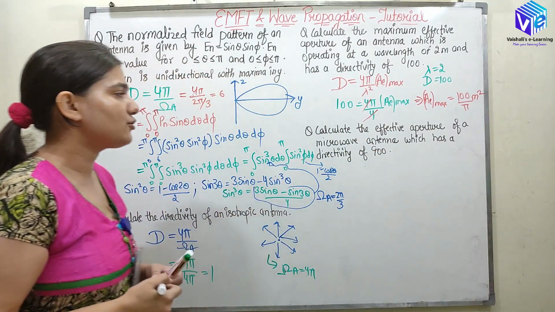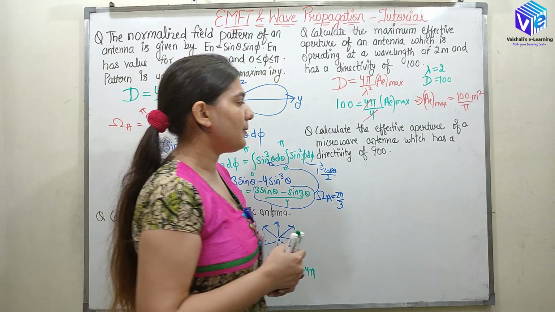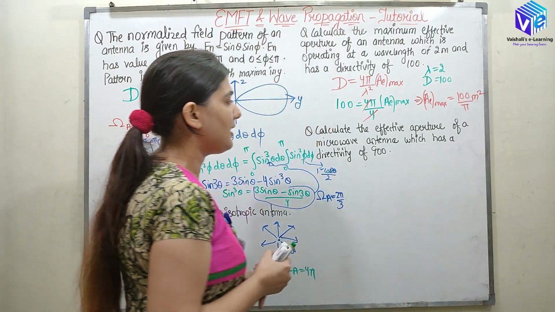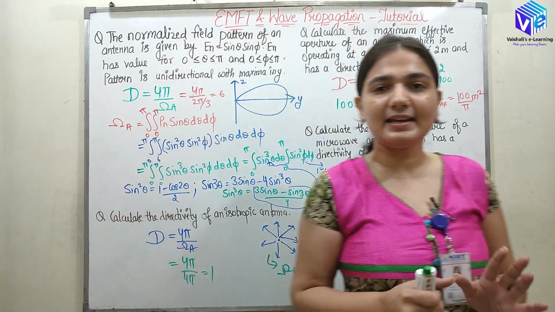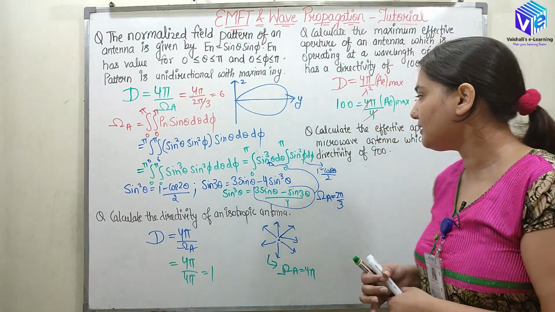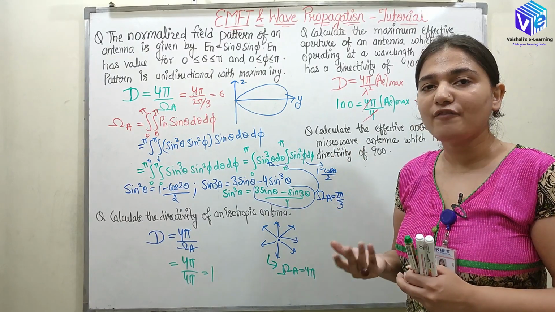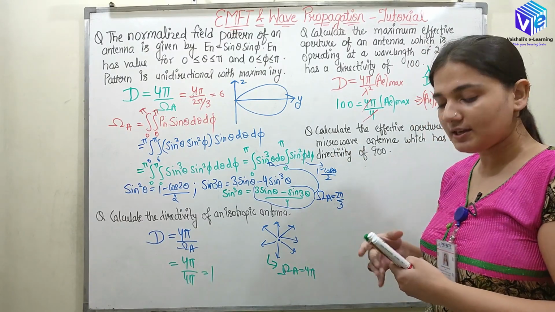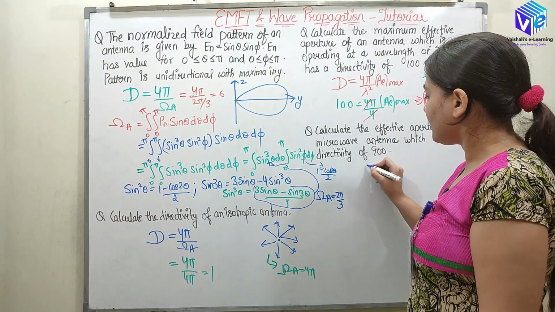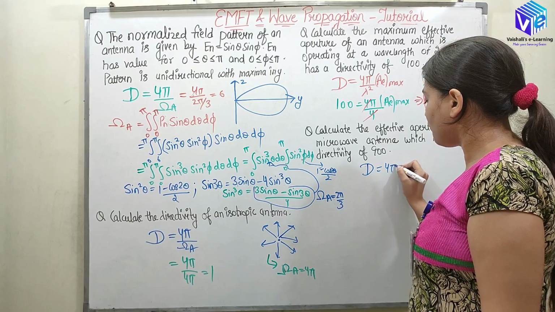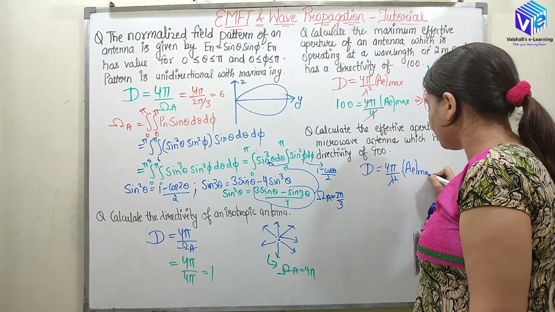Now coming to the next question. It states, calculate the effective aperture of a microwave antenna which has a directivity of 900. Again, it is a similar type of question, but in this question we don't have the value of lambda. So what will we do? Again, we need to find the maximum effective aperture. Directivity is equal to 4 pi upon lambda square into maximum aperture.